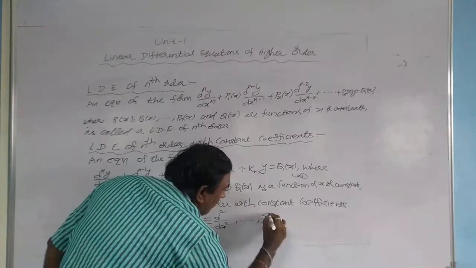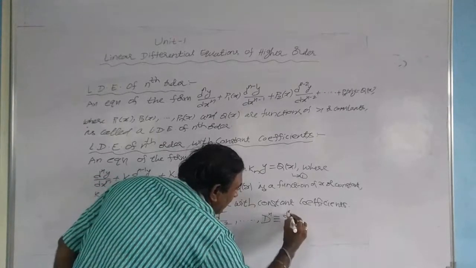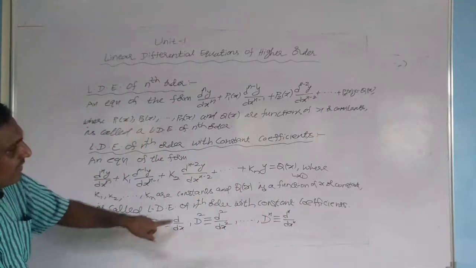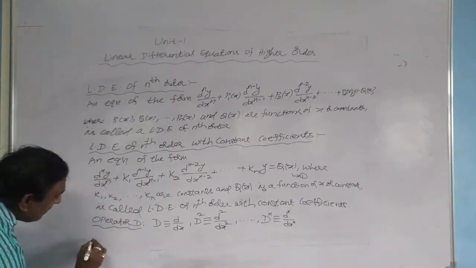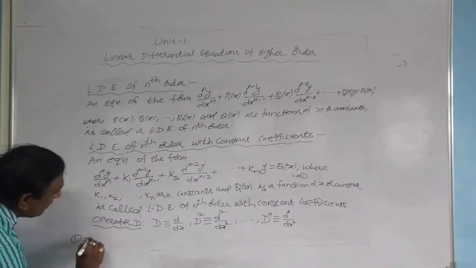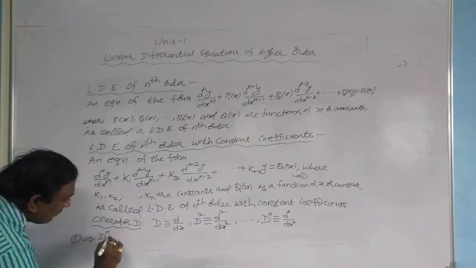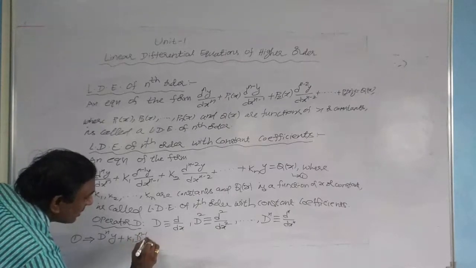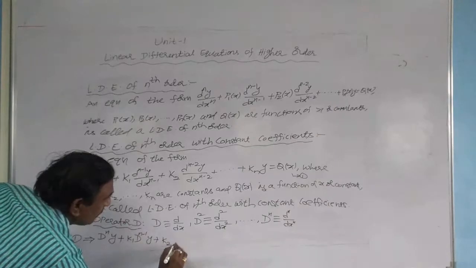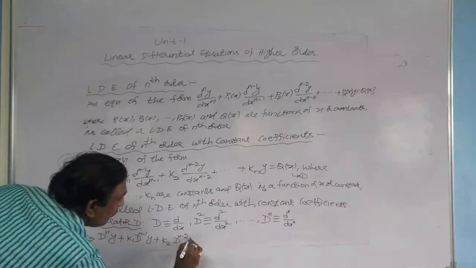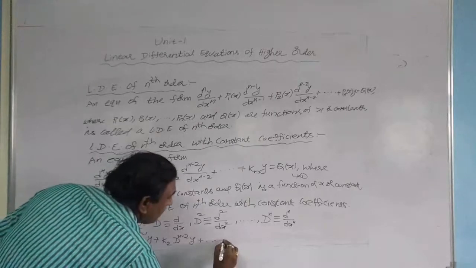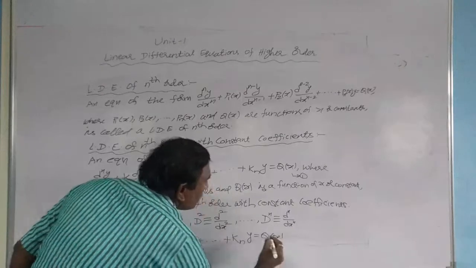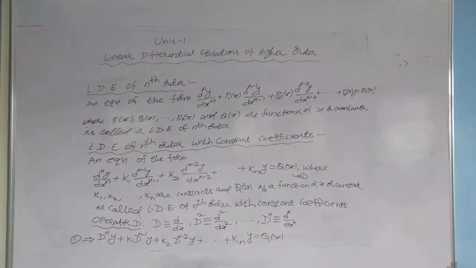D power n denotes d power n by dx power n. So by using these operators, equation 1 becomes D power n y plus k1 into D power n minus 1 y plus k2 into D power n minus 2 y plus and so on plus kn into y is equal to q of x, right?